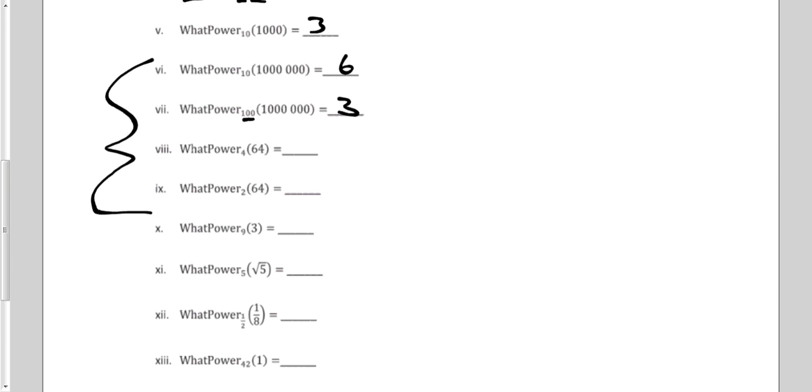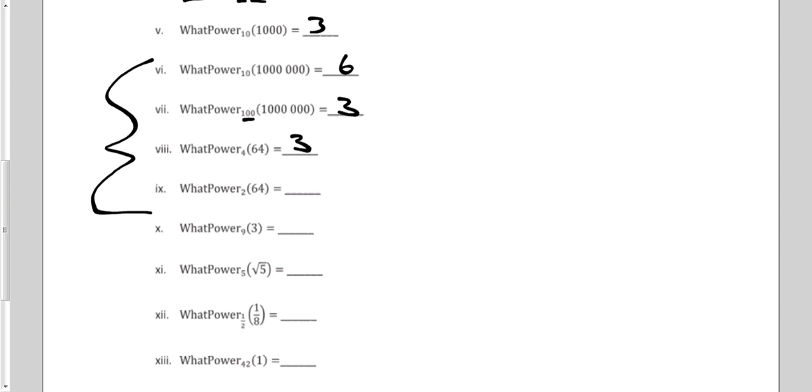4 to what power gets me 64? 3. The third power. You notice how I changed my wording here? Instead of saying what power of 4 gets me 64, I said 4 to what power gets me 64. Same thing, I'm just switching it around.